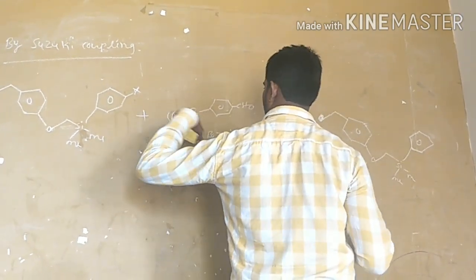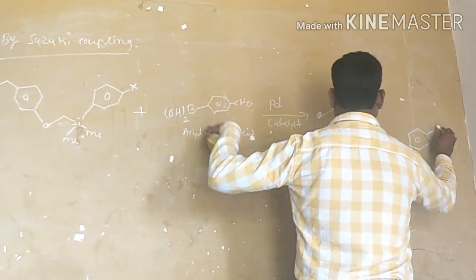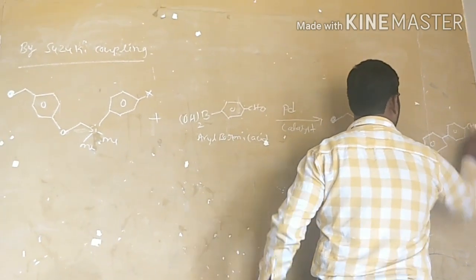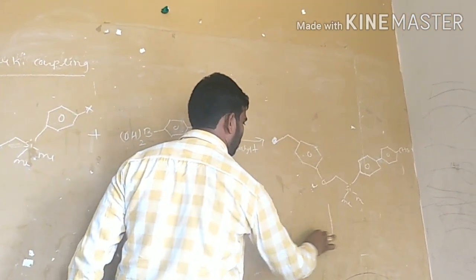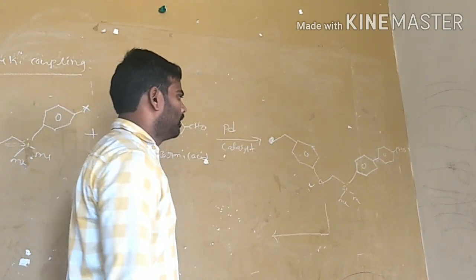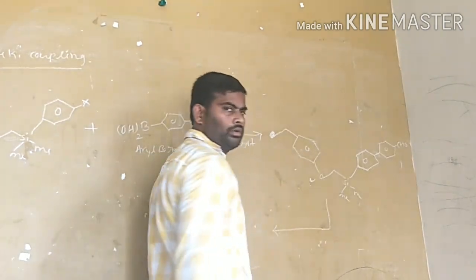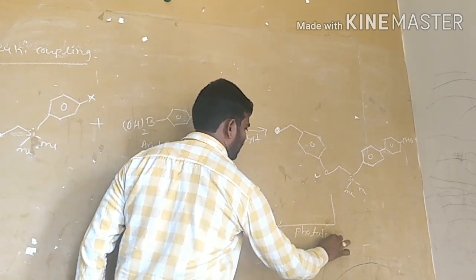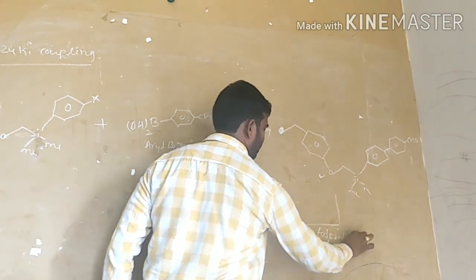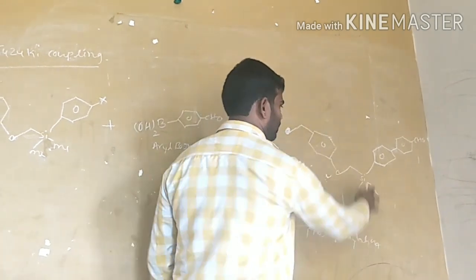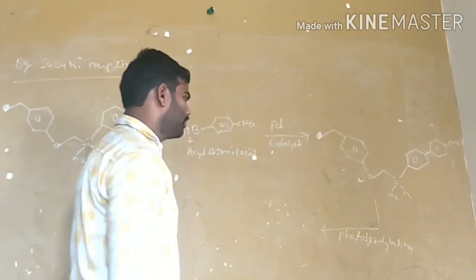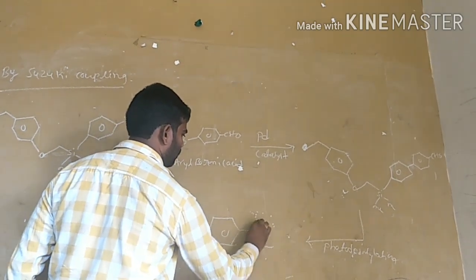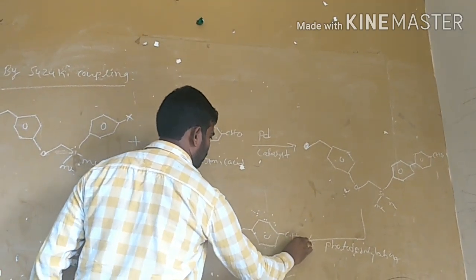And this is the loss of aryl attached to this CHO. Now photodesilylation, this bond breaks, producing CHO.